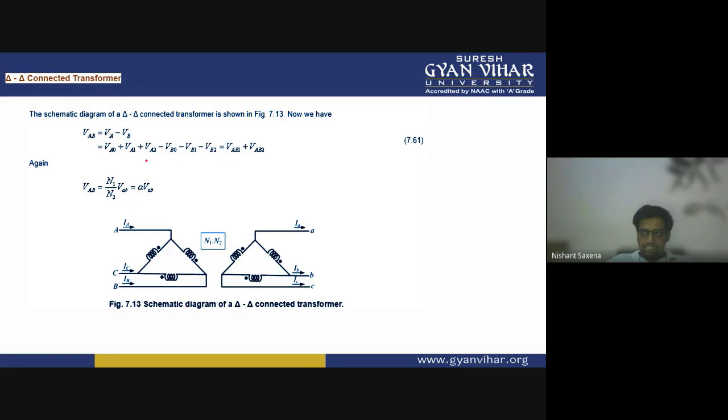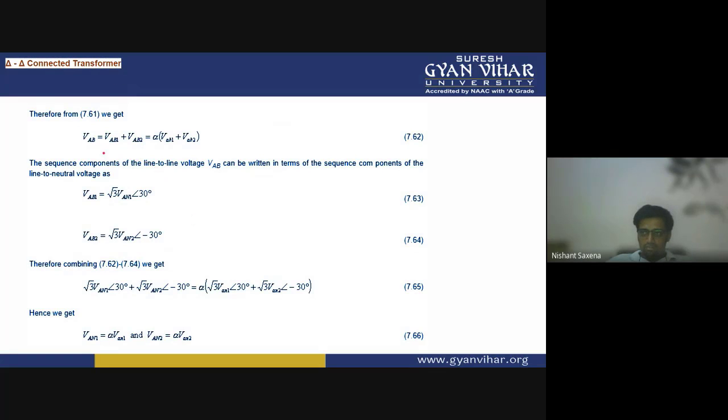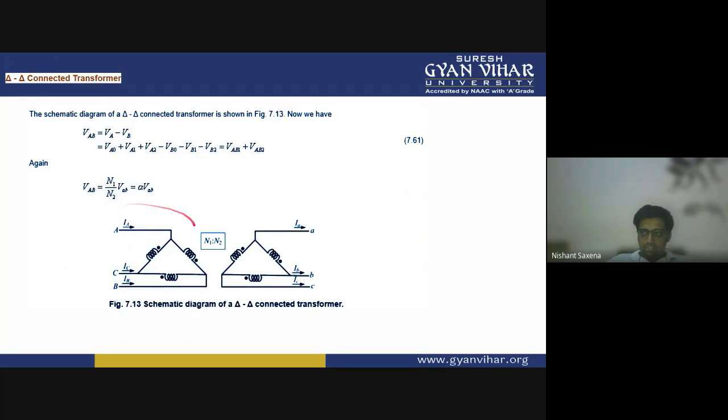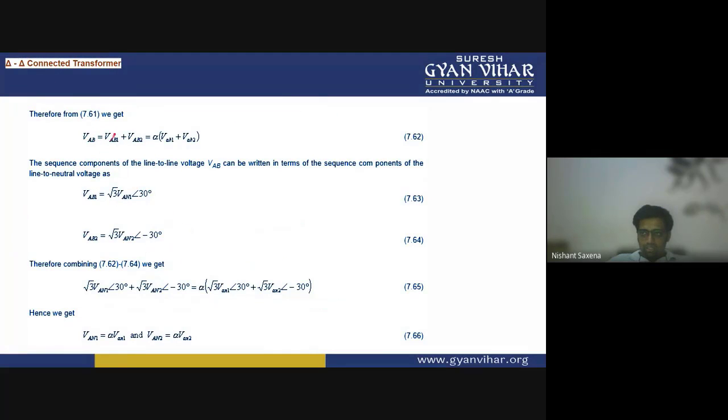So VAB1 plus VAB2, where the turns ratio is N1 upon N2, and the secondary side voltage between phase A and phase B is equal to alpha times VAB.